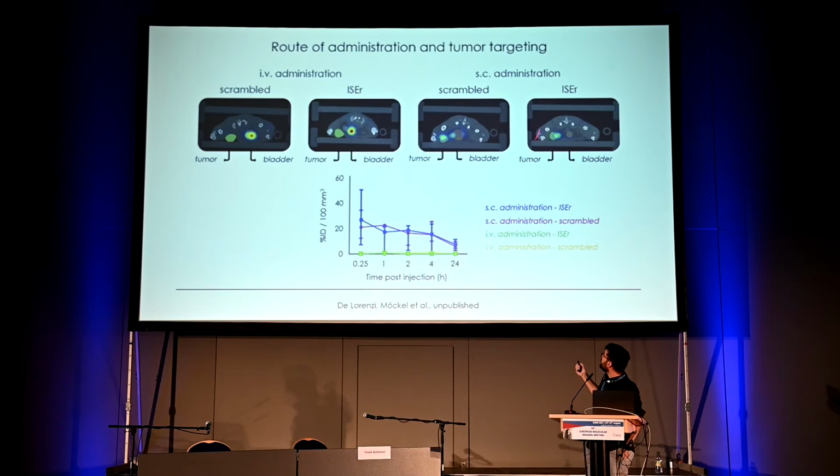But when we inject proximal to the tumor, in the proximal lymph node, and do this application subcutaneously, we can immediately see that both the scrambled peptide and the real peptide can target the tumor. It is very important to realize that both of them have equal tumor targeting, which is a very positive thing, because both peptides are physicochemically similar, but the scrambled one is biologically not active.